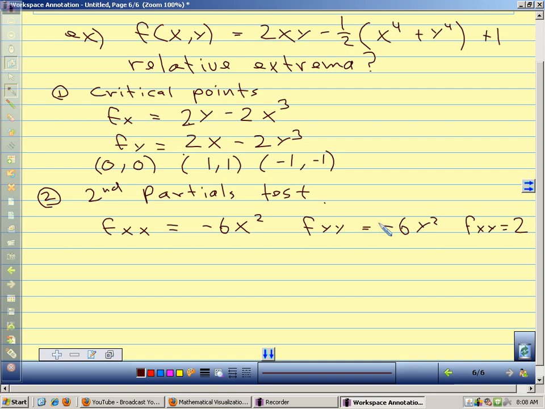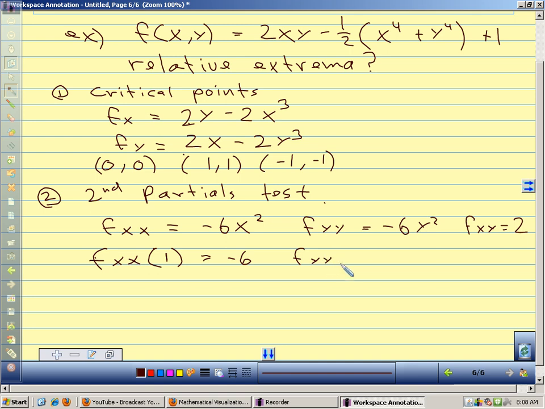And we just need to calculate our discriminant. So we'll look at 1, 1. The second partial of f with respect to x when x equals 1 is just minus 6.